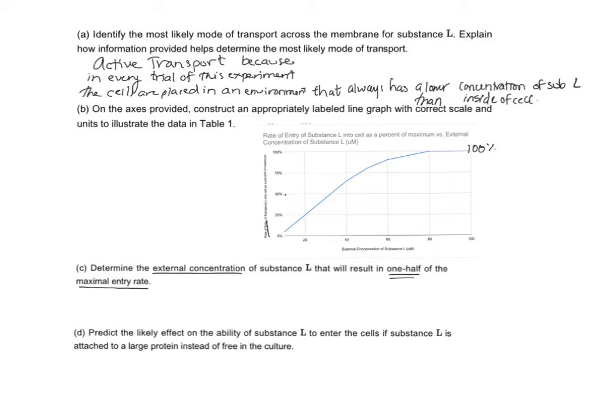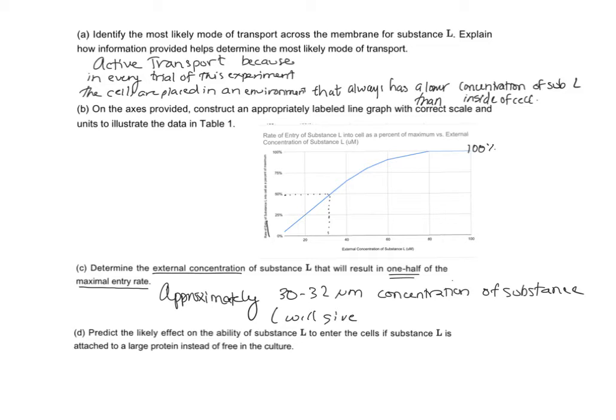Well, so we just look right here, and we see that at approximately 30, maybe 32 millimolar concentration of substance L will give a 50% rate of entry.